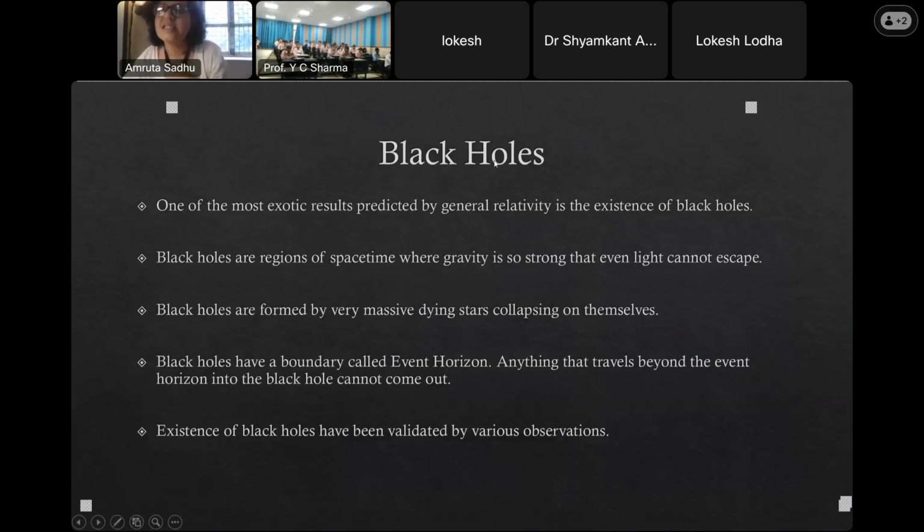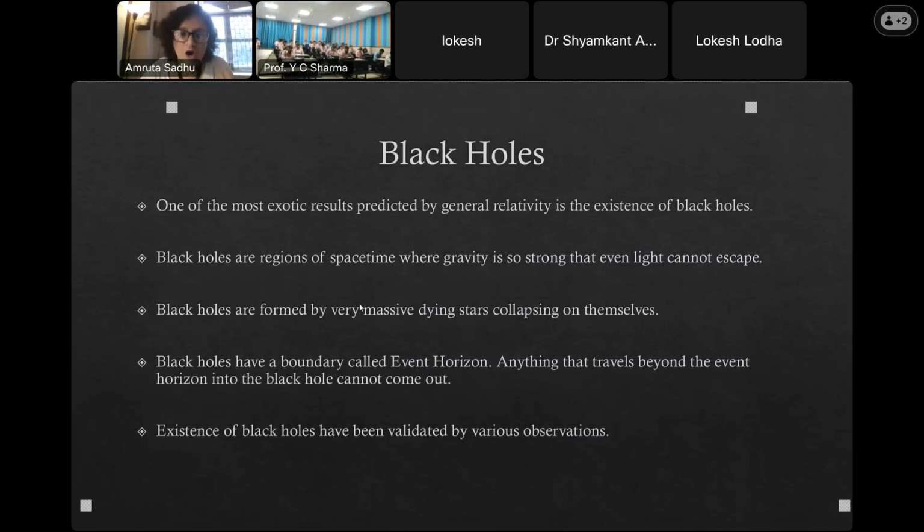Since it predicts some measurable things, the question is, are there predictions in general relativity that are not so obvious, that are not nearby things we can measure? One of the most exotic things that general relativity predicts is the existence of a black hole. Black holes are essentially dead stars.